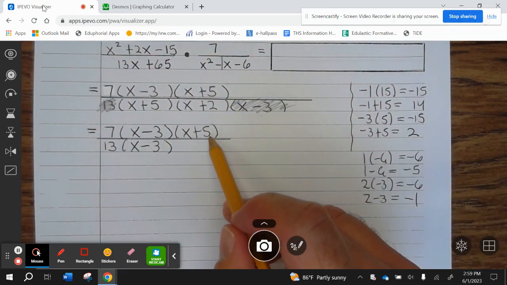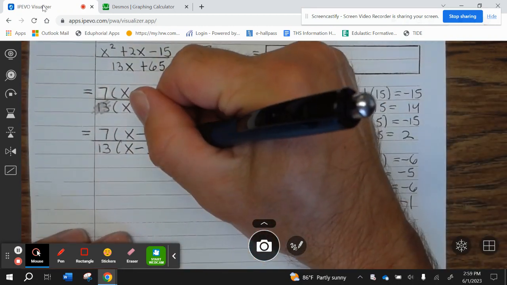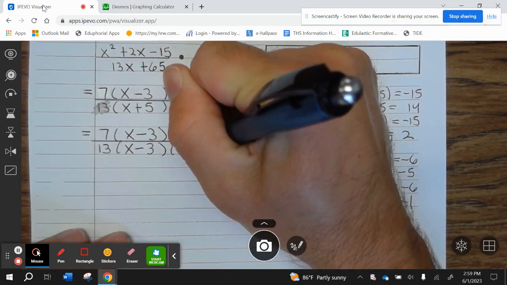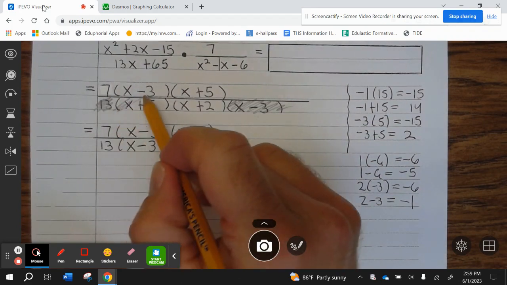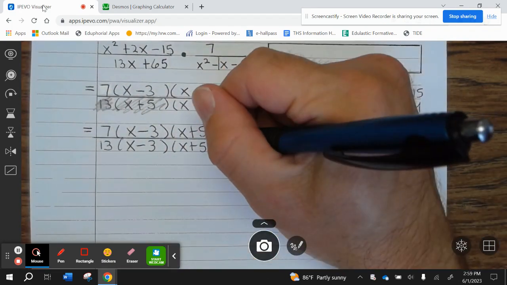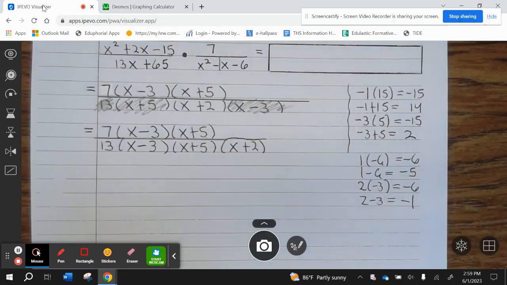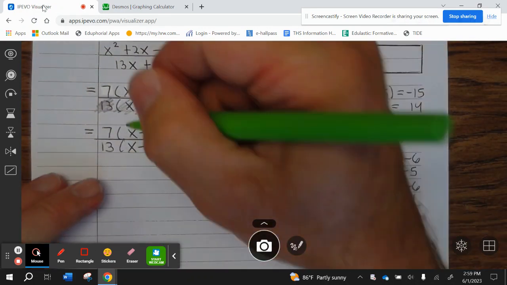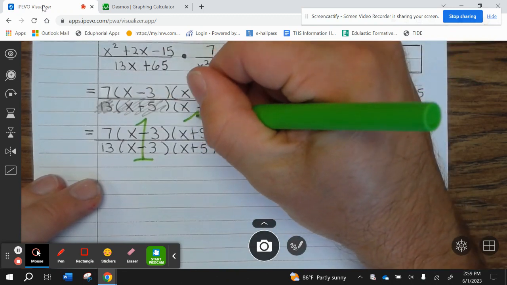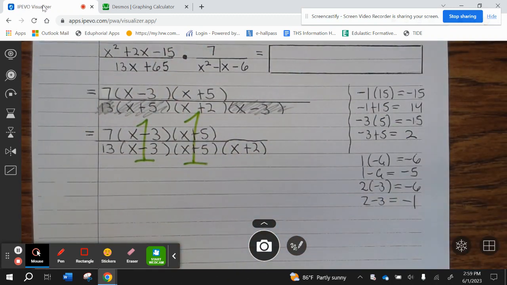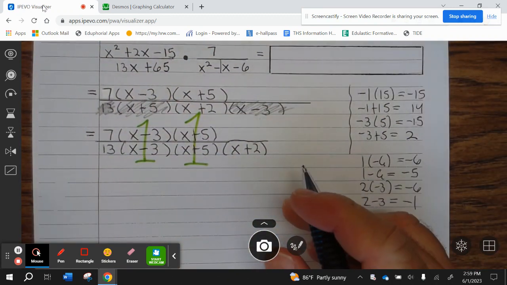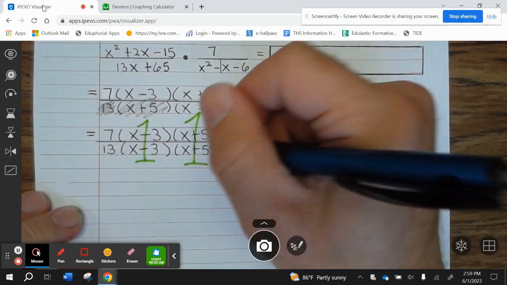Do we have an x plus 5? Yep, we have an x plus 5 here. Okay. And then the last thing is x plus 2. Okay. The reason we did that is because this divides and becomes 1. This divides and becomes 1. So we're left with, this by the way isn't 11.